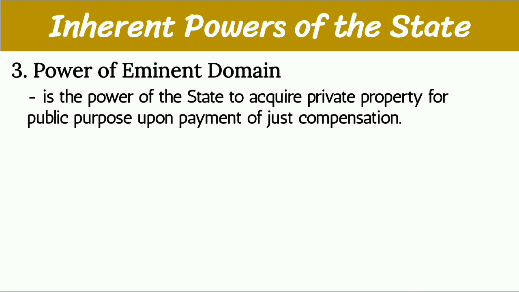Pero syempre, dahil private property yan, hindi pag-aari ng gobyerno, the owner of the property is entitled for payment. Of course, with respect to the fair value of the property na kinuha ng gobyerno. Ang tawag natin doon sa bayad ay just compensation. So yan ang power of eminent domain.